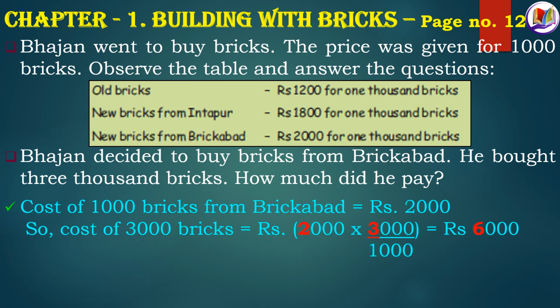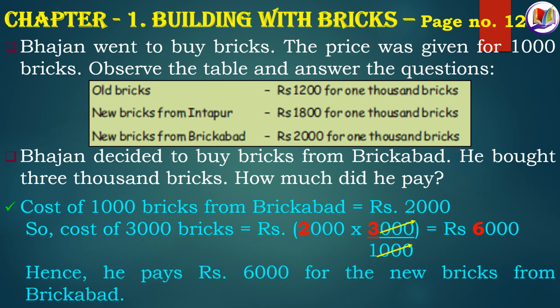So if we cancel out the zeros, then what is left? 2 3s are 6, and the 3 zeros. So he has to pay Rs 6000 for the new bricks from Brickabad. I hope it's clear to all of you.